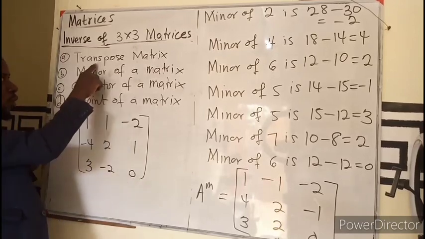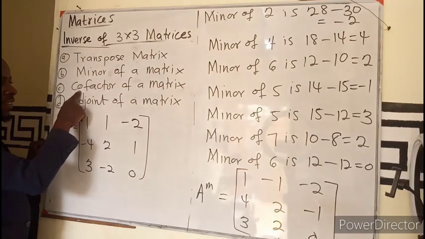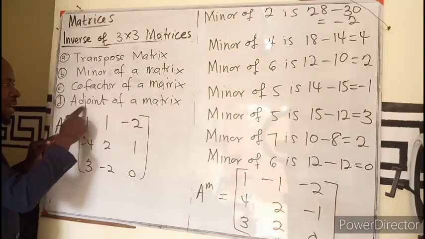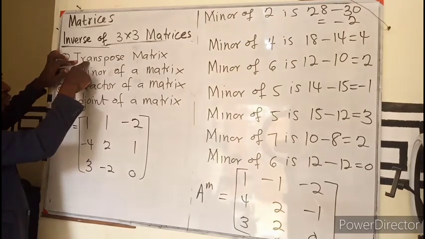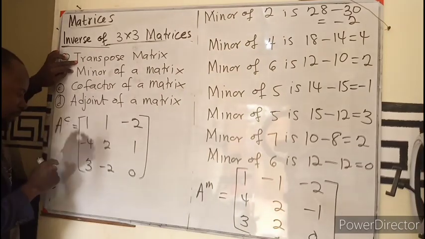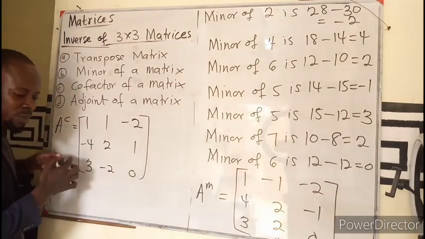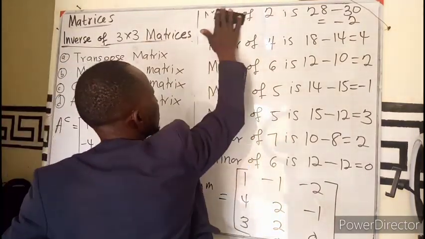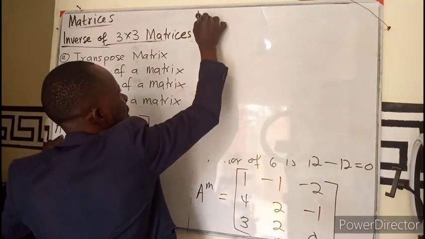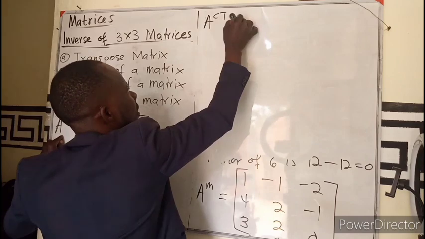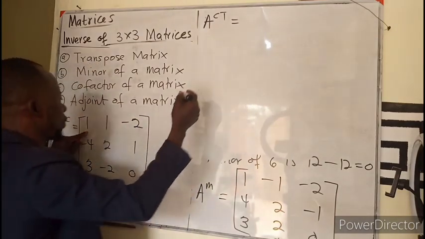Right? So we know what a transpose is. We know what a minor is. We know what a cofactor is. What about the adjoint? The adjoint is the transpose of a cofactor. So if I transpose this, per definition of this, it becomes, which is the adjoint, all of this become the column.